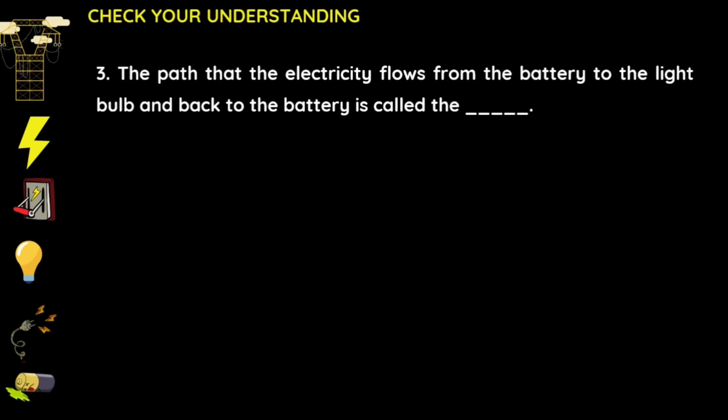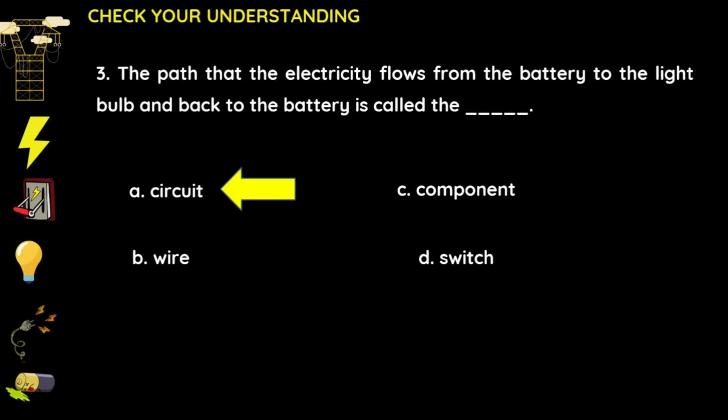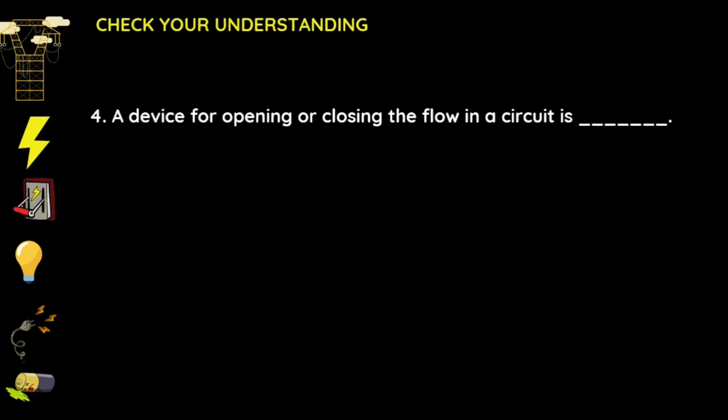Number 3. The path that the electricity flows from the battery to the light bulb and back to the battery is called the blank. A. Circuit, B. Wire, C. Component, D. Switch. For number 3, the answer is letter A. Circuit. Number 4.